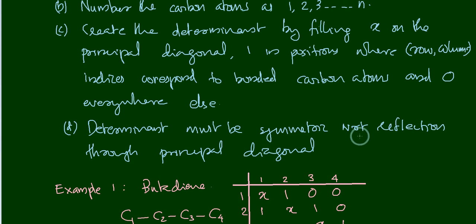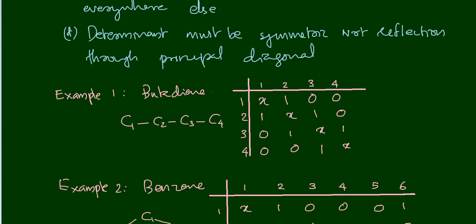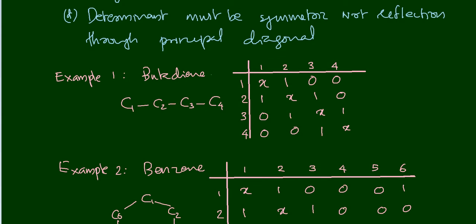If you keep a mirror along the principal diagonal, the arrangement of elements on one side of the mirror should be the mirror image of the arrangement of elements on the other side. So you can check whether the determinant that you have written is correct or not by looking at its symmetry. Now we can work out some examples.